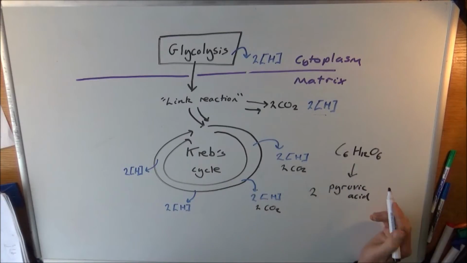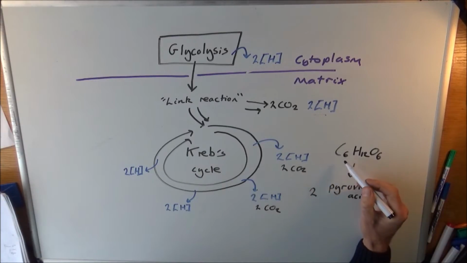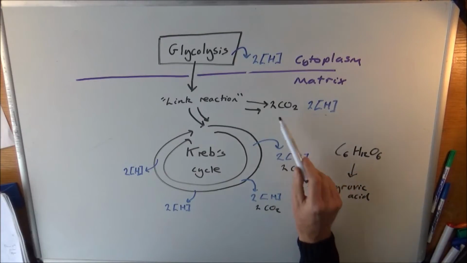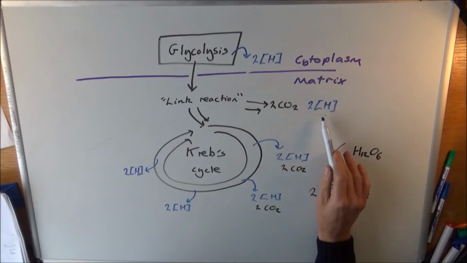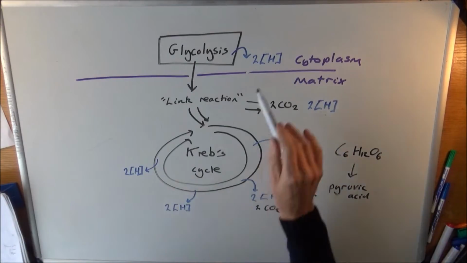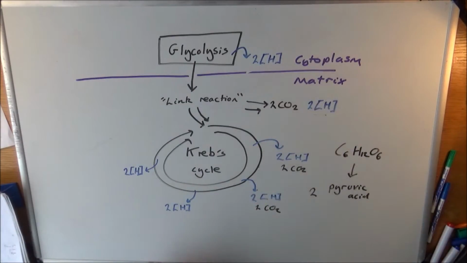So if you look overall at what happens, you've got 6 carbons, 2, 4, 6, and you've got 12 hydrogens, 2, 4, 6, 8, 10, and 2 of them in glycolysis. Now superficially this all looks nice, everything's balanced up, but in reality we would need to look a little bit deeper at these hydrogens.